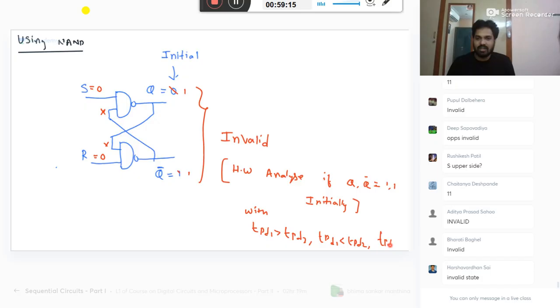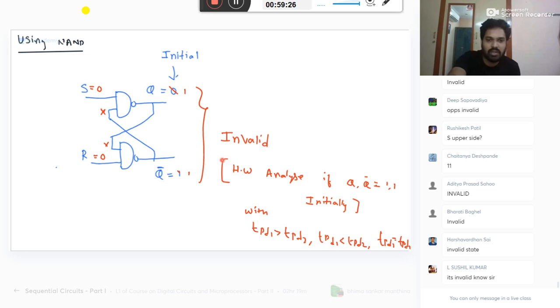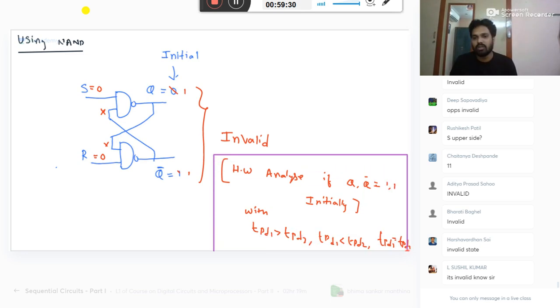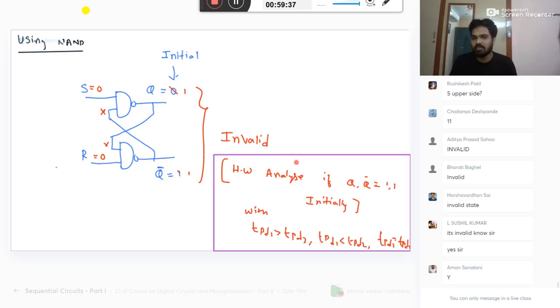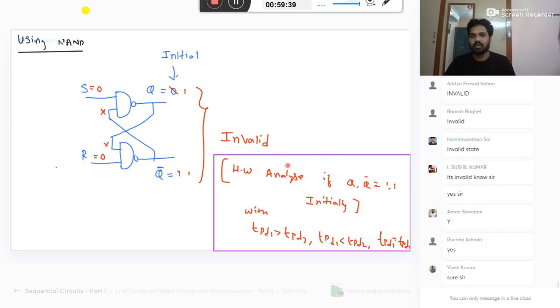This analysis I already did just now. What you should do for this? Okay, this part I have already just now done. I don't want to do this again. Same thing. Can you do it? If you don't do it, then you can ask me in the doubt session. This part we just now did for NOR gates, the same thing. Okay, so leave this part.